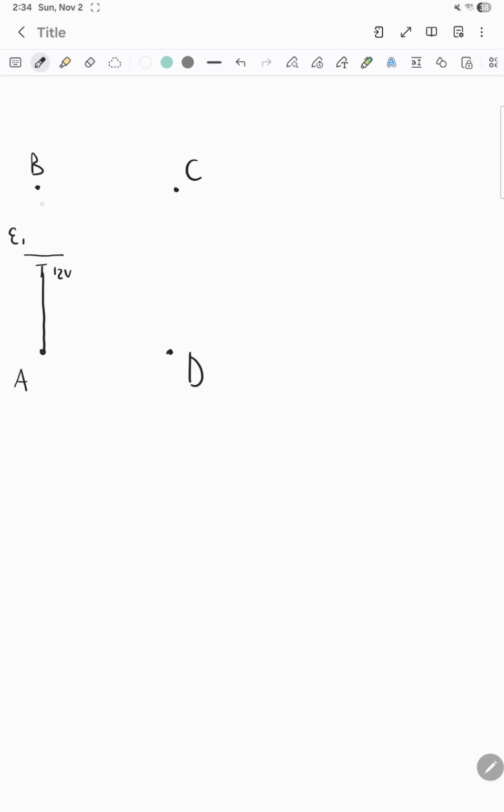And then, like this, you'll have a resistor of 1 ohm. It goes to C. And then you have a resistor of R2, which you actually don't know in this situation.